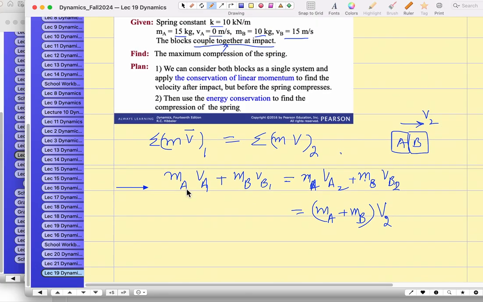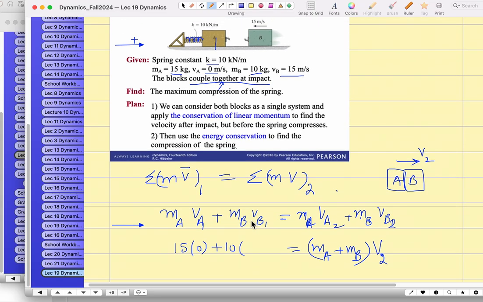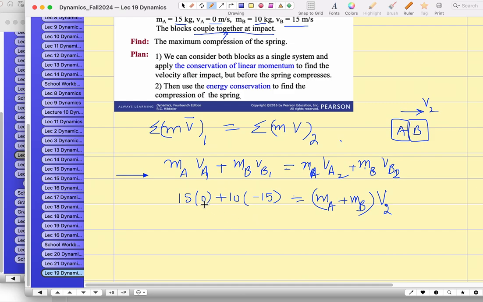What is mass A? Mass A is 15 kilogram and 0. Mass B is 10 kilogram and moving to the left. This is negative, look, it is moving to the left, so it's negative 15. So this is 0, and you're left with negative 150 equals the mass, adding two masses, which is 25.